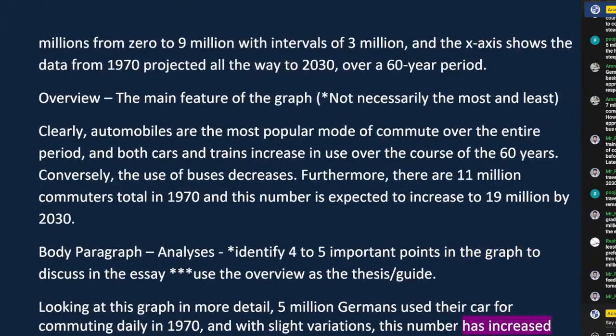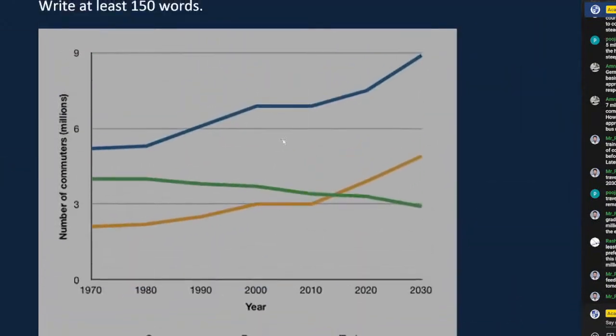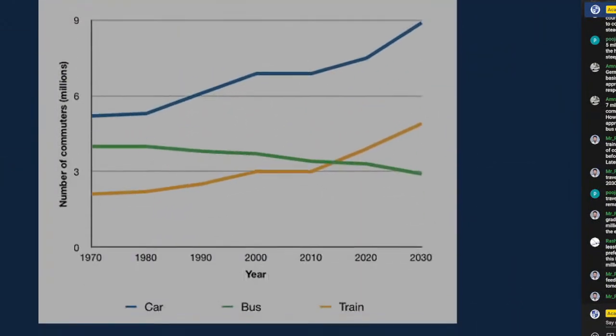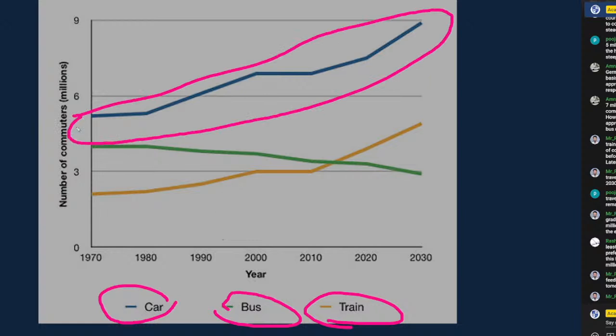Okay, let's read the whole essay now. So again, here's the graph. The graph is the average number of daily commuters in Germany by car, bus, and train. This is hypothetical data. It could be more or less. It doesn't matter. We see that car is the most popular, going from 5 million to 9 million over the course of the period.